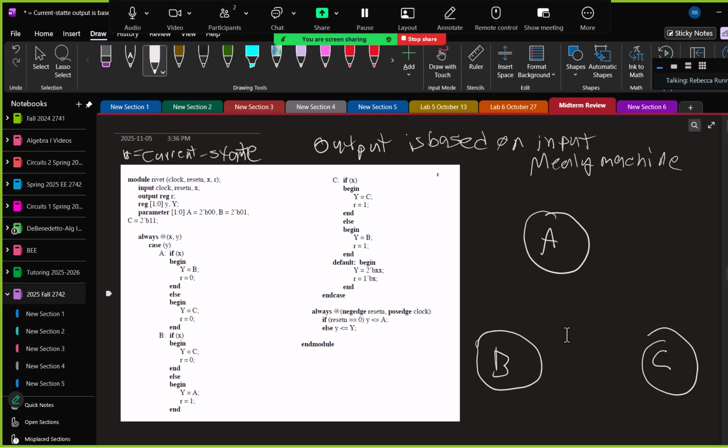And then what you're assigning y to be in your second always block, this capital Y, where it's coming from, that's going to be your next state. So if you look at what y is becoming, that's going to be the next state. You look in the if statement, what's inside your if, that's your input. So our input is x. And so what does if x mean?